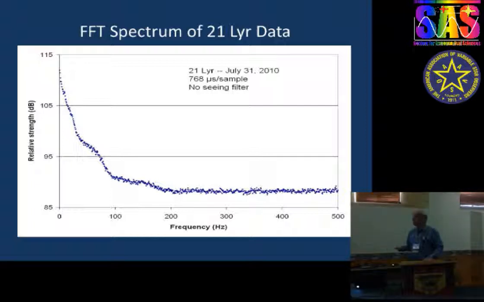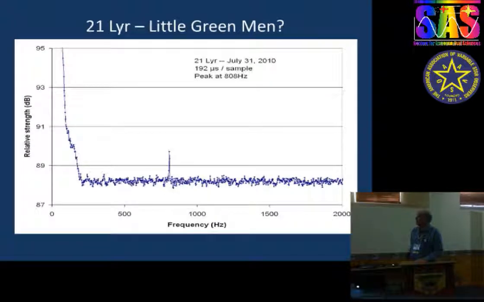Okay, another thing you can do is resample the data and look at a different frequency band. I took the same data and resampled it to a shorter time, so that gave me a higher frequency.